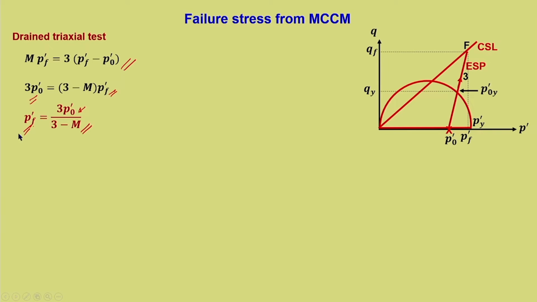So once we know P dash F, we can determine QF, because QF is M into P dash F. Now one additional condition which we need to discuss here is for M equal to 3, P dash F is equal to QF, which is equal to infinity. If you check, what will happen to P dash F when you put M equal to 3? This will become infinity. So P dash F equal to QF equal to infinity.